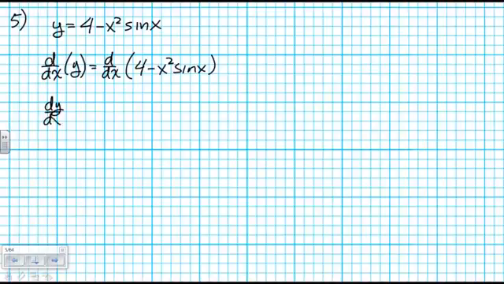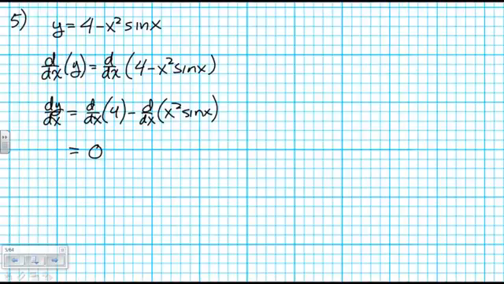The left-hand side is going to be dy dx as requested. The other side, again, I'm probably being more thorough than I need to be, but on these initial problems, it's easier and better to be more thorough.